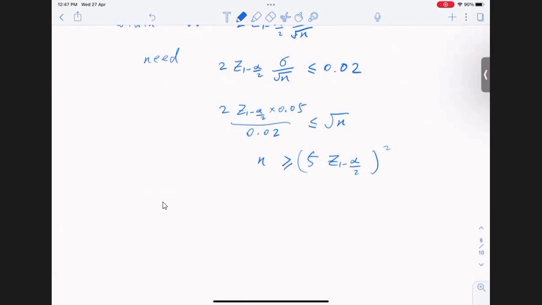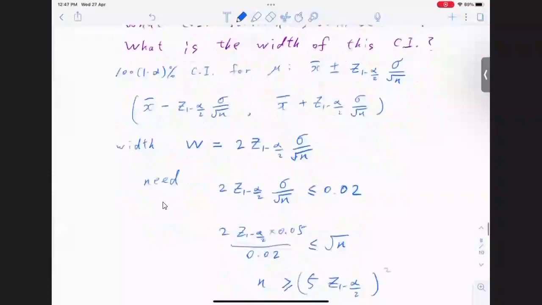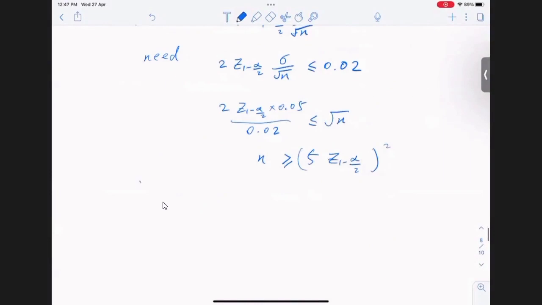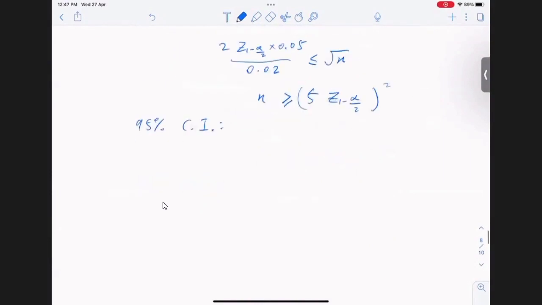For example, for a 95% coverage, the corresponding normal quantile is 1.96.